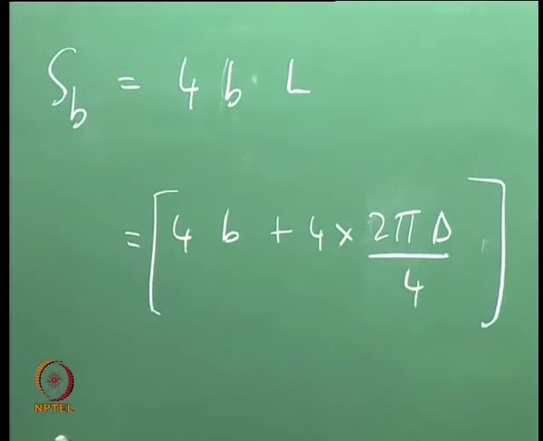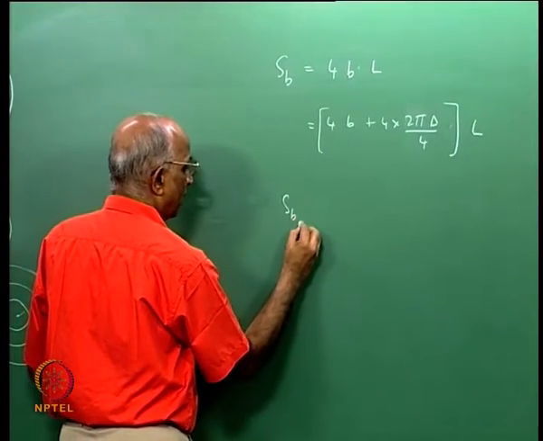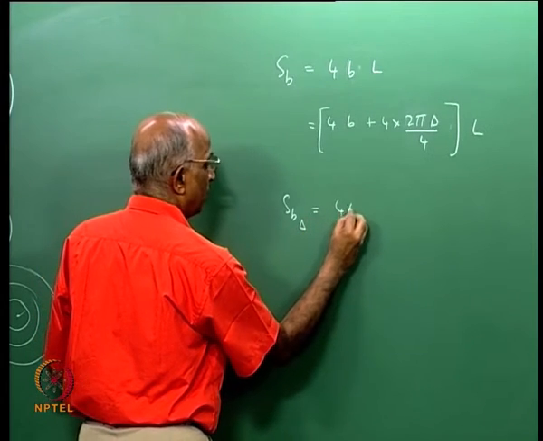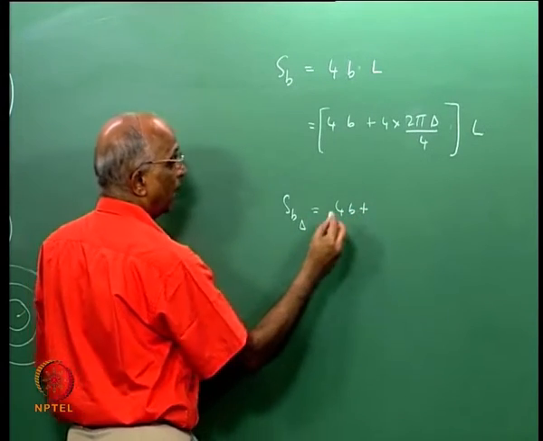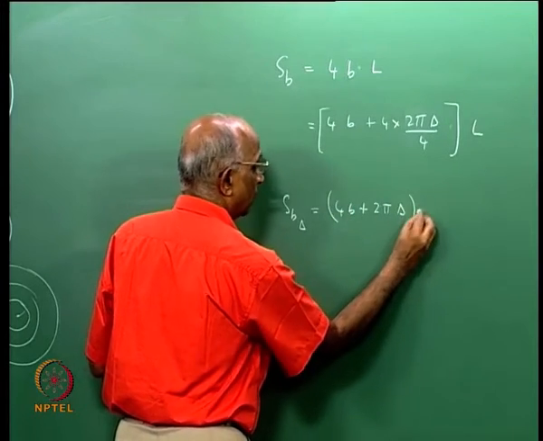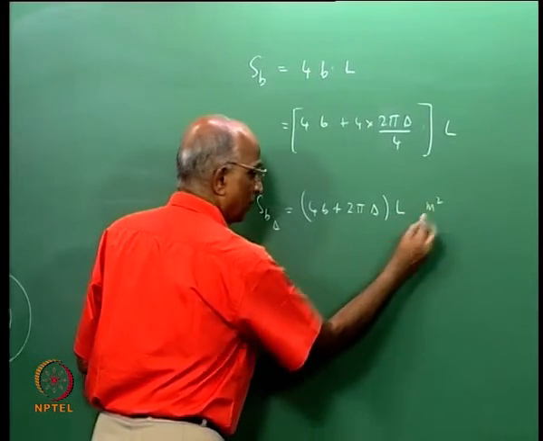So I get the burning surface area when the grain has regressed by delta equal to 4b plus 2 pi into delta into the length L, so many meters square.